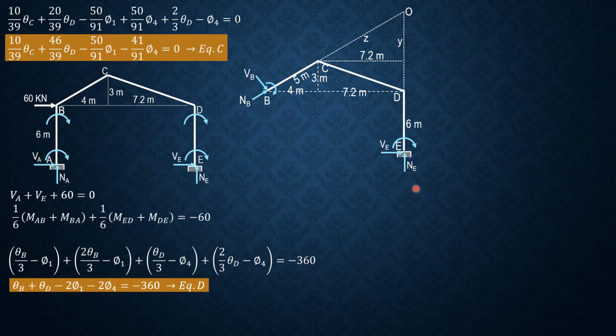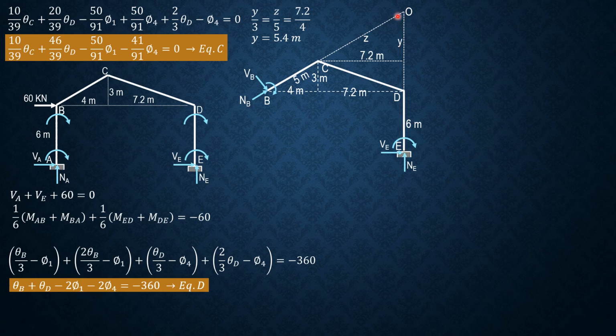So 6 meters, by similar triangles, Y is to 3 meters equals Z is to 5 meters equals 7.2 horizontal is to 4. So Y is equal to 5.4 meters. So 5 plus 5, this is 6 plus 3, 9 plus 5.4, 14.4.